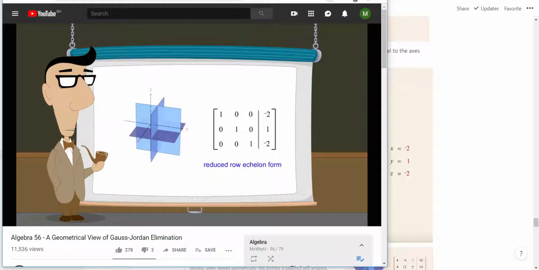If the system has a single unique solution, each plane will end up oriented perpendicular to one of the three axes, allowing the x, y, and z values of the solution to be read directly from the matrix.